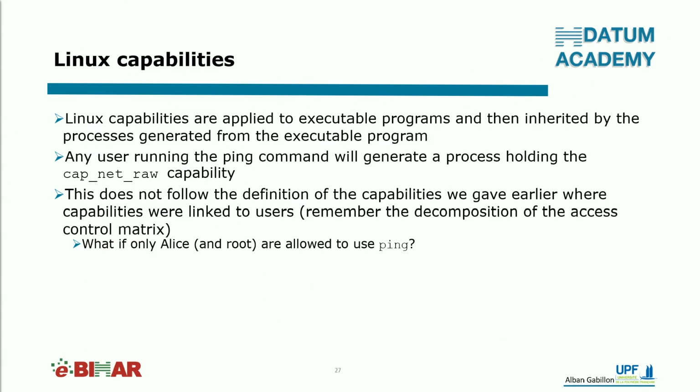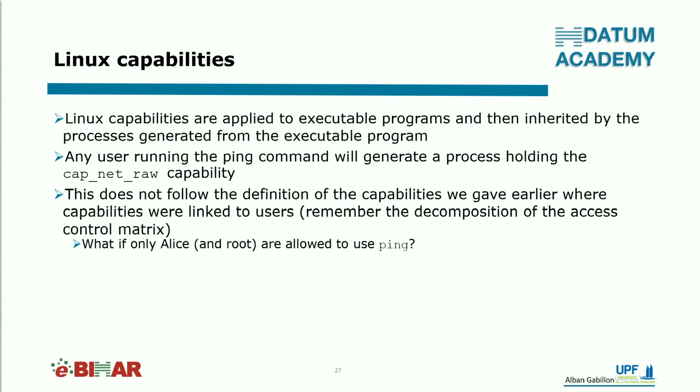So in fact, this capability system does not follow the definition of the capabilities we gave in the previous video, where capabilities were linked to users and then inherited by processes created by users. You remember the decomposition of the access control matrix. Here, the capabilities are applied to programs and then inherited by processes created from these programs.